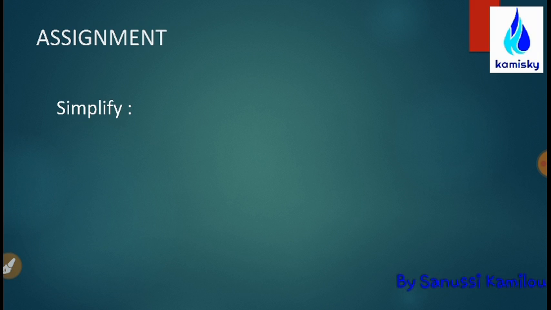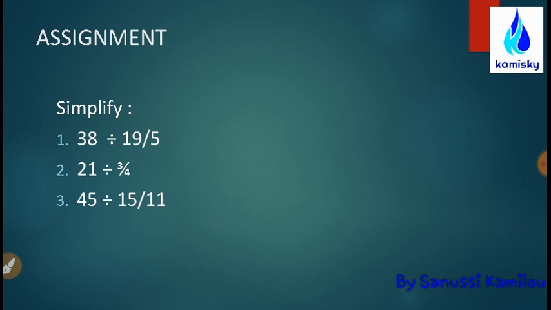We are going to simplify 38 divided by 19/5, and then 21 divided by 3/4, and then 45 divided by 15/1. That is all. Is it difficult? I'm not sure. So please go over the notes and make sure you get all correct. Stay safe. See you next time.